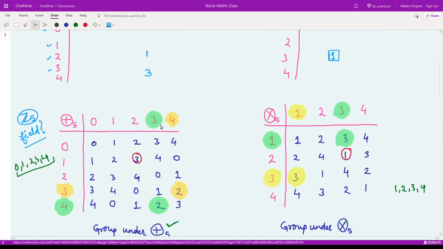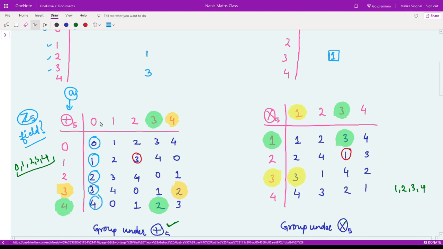In this case, these were our A's, right? So for this 0, can you find any number such that I get 0? Yes, it is here. For 1, can you find any number for which it is equal to 1? Yes, it is here. For 2, can you find any number such that it is equal to 2 again? Yes, it is here. For 3, it is here, and for 4, it is here.